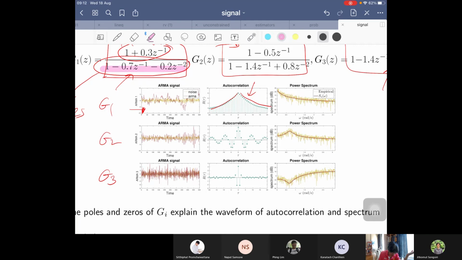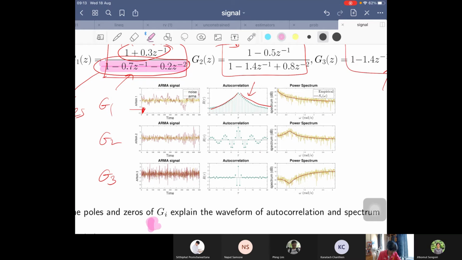Try to find the roots of this polynomial. As I said in another video, when we talked about time series models and state space models, we gave you a relationship between the poles of the system dynamic matrix and the autocorrelation functions.